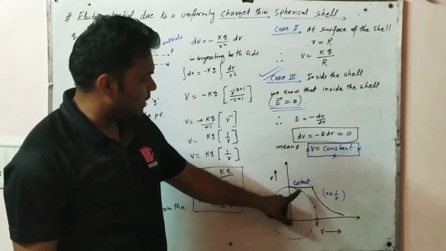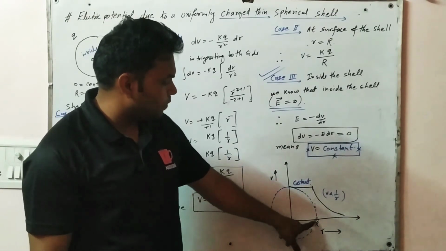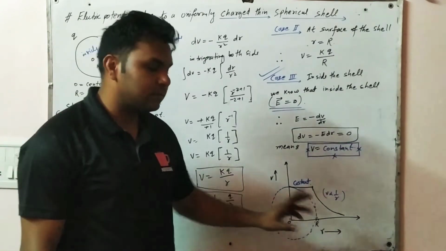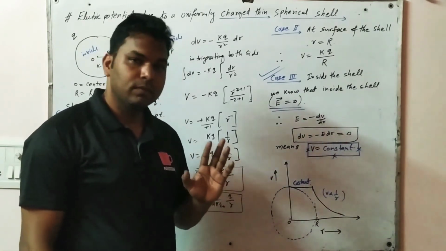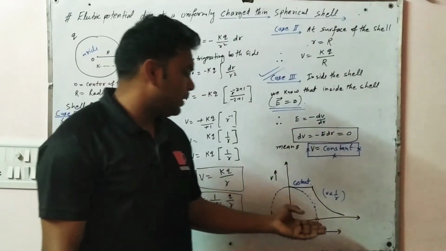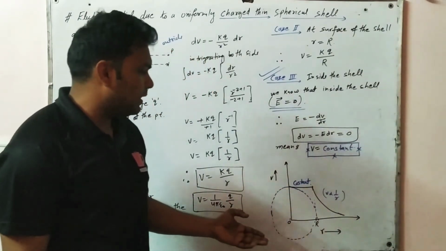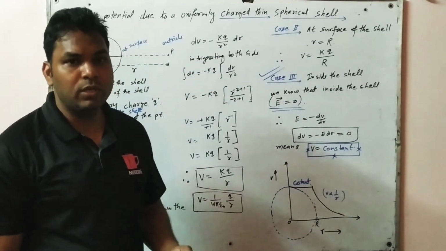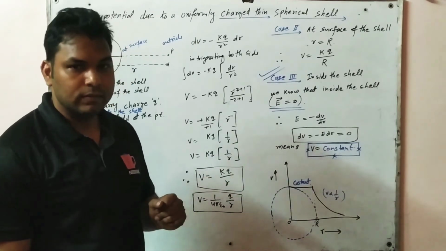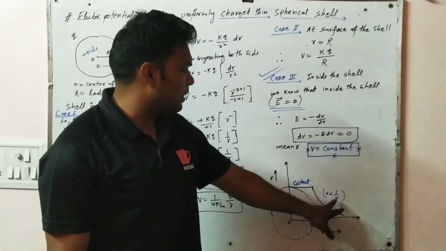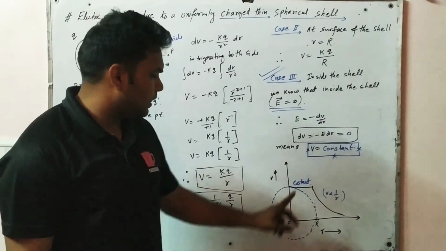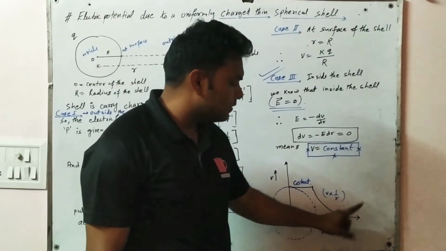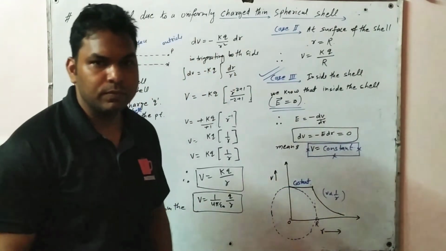So we draw a straight line from center to R, means center to surface, or O to R. Clear? Now beyond this, the potential varies inversely proportional to r. So V varies according to 1 upon r, which is inversely proportional. So it keeps decreasing towards 0.